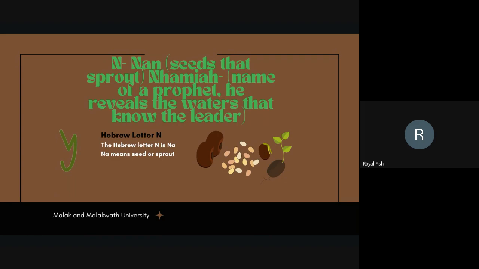Okay. So ha, ma, I, and ha. So Nehemiah literally has at least four revelations within his name. So he would be the seed that reveals the revealing of the revealing waters that know the leader that reveals.